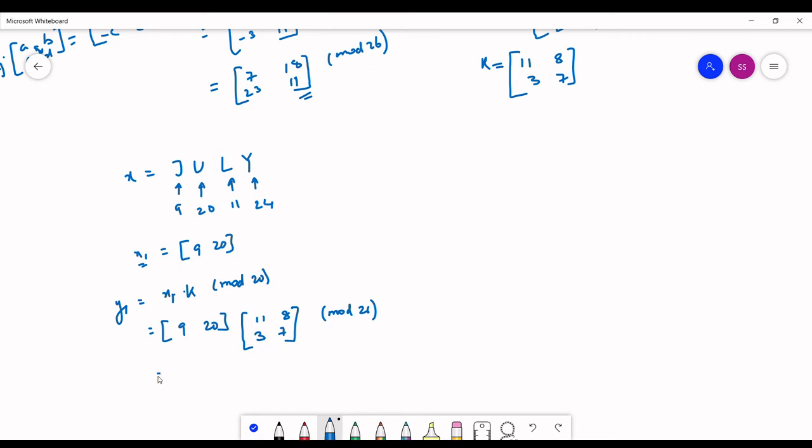Now you know how to do matrix multiplication: row into first column, then row into second column. So 9 into 11 plus 20 into 3 is my first element, and the second element will be 9 into 8, first row into second column, plus 20 into 7.